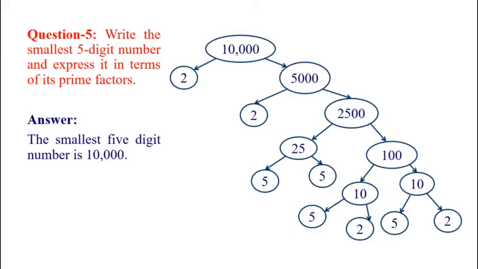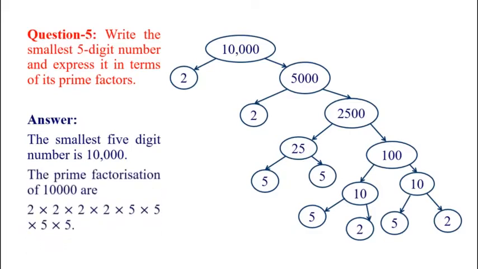Again 25 can be factorized as 5 into 5 and 100 can be factorized as 10 into 10 and each 10 can be factorized as 5 into 2. So, the prime factorization of 10,000 is 2 into 2 into 2 into 2 into 5 into 5 into 5 into 5.